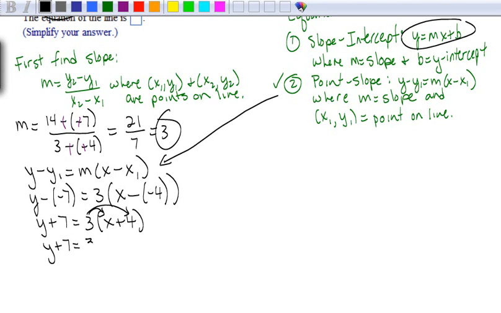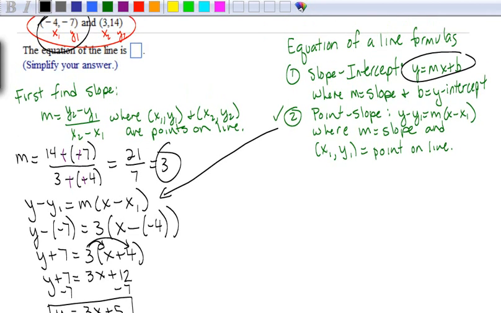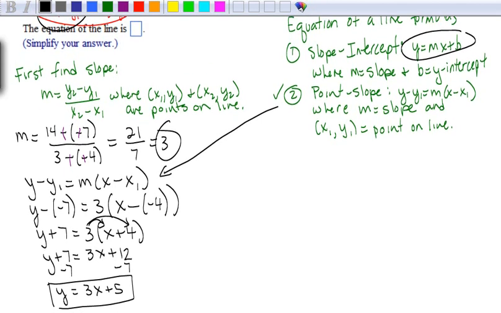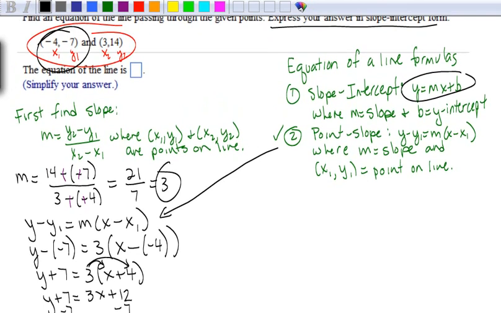So I'll get 3x plus 12. And then finally, if I subtract 7, I get y equals 3x plus 5. And that is my answer. So in the original question, write the equation, and I'm going to write y equals 3x plus 5.